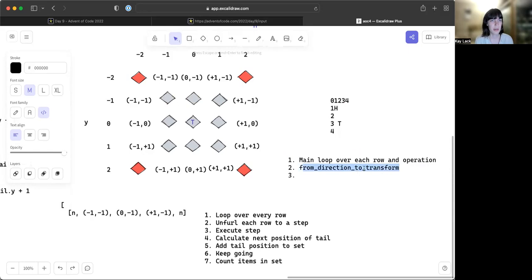I don't know the right terms, but let's call it a transform anyway, because I like the word better. And then we want from calc difference head tail direction to transform. We want a direction.